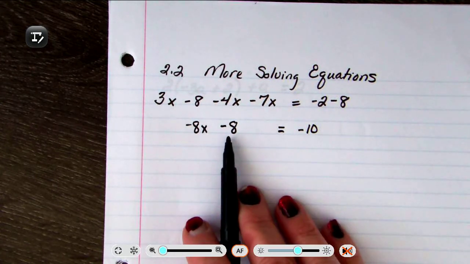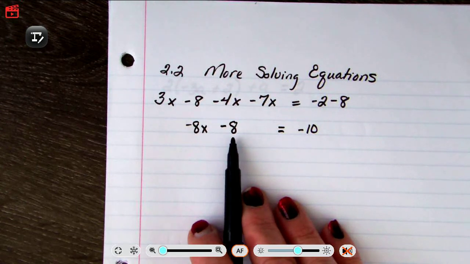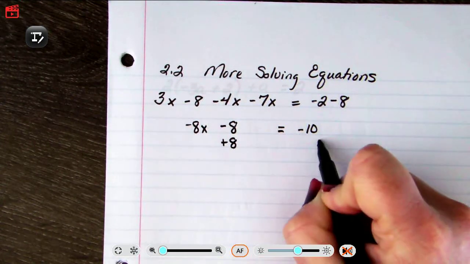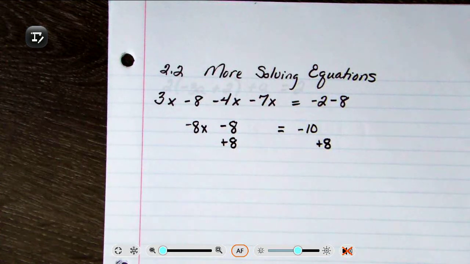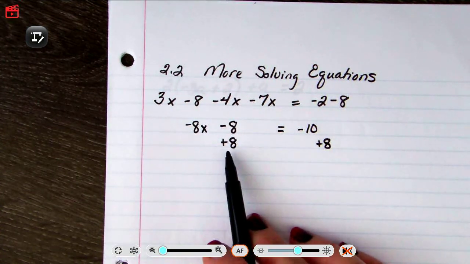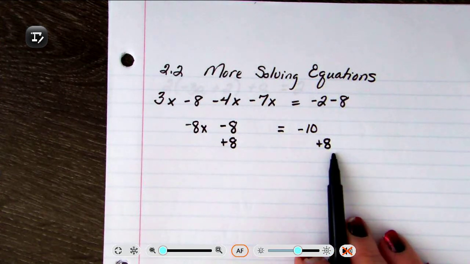So I need to move this negative 8 to the other side. And to do that, we use that opposite property. If I add 8 to both sides, because adding is the opposite of subtracting, we want to kind of undo what's going on here. And remembering what I do to one side, I must also do to the other side.